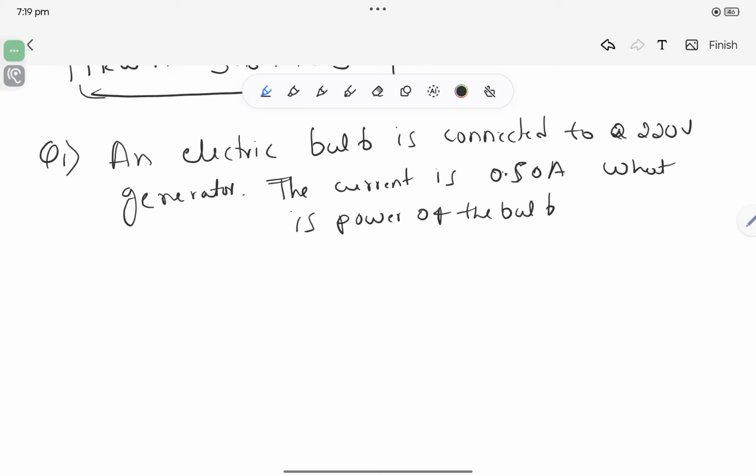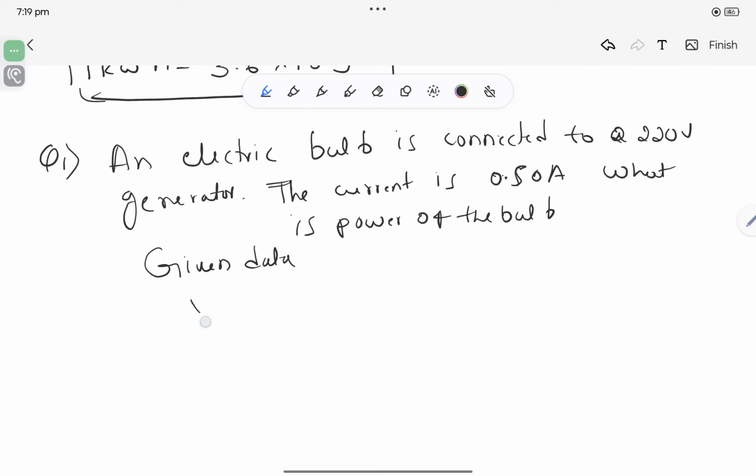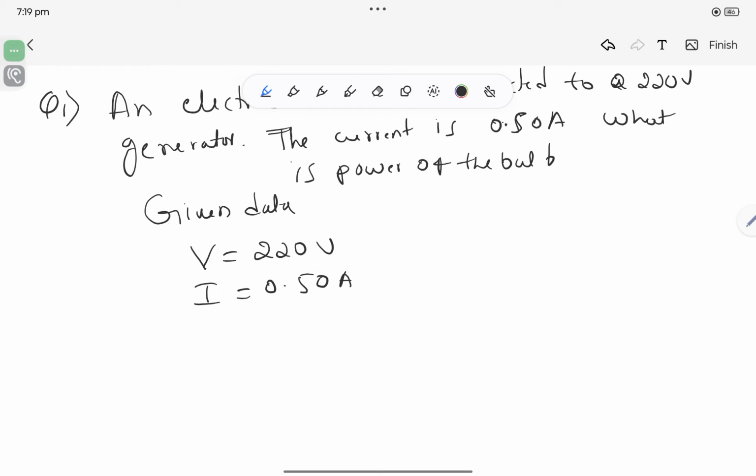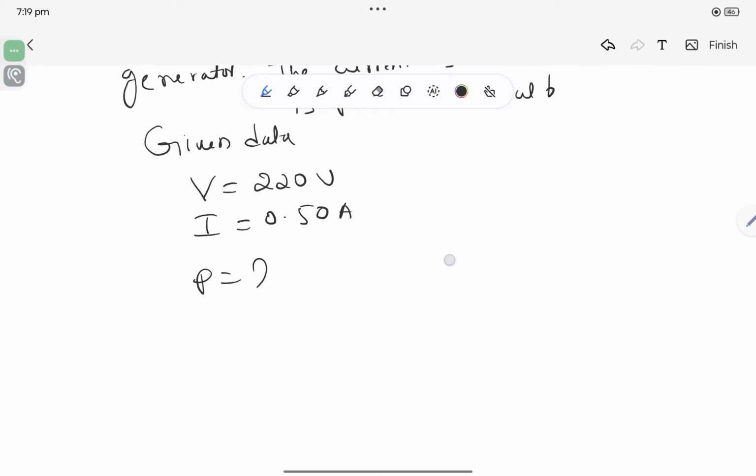So here, given data: voltage is given 220 volt, current is given 0.5 ampere. What they are asking is power. Direct formula; you can expect questions like this.